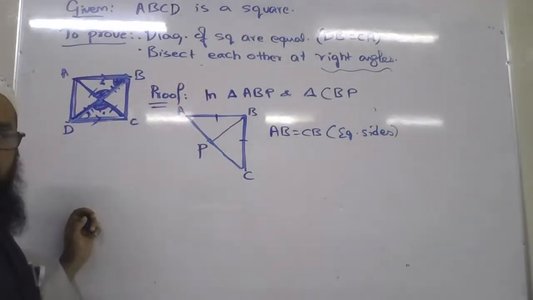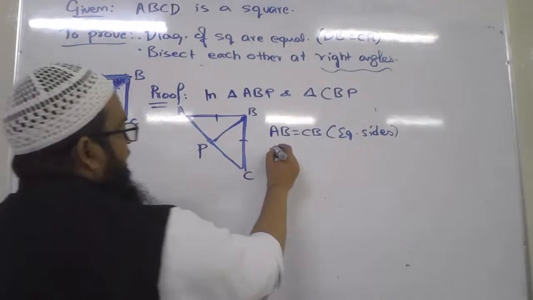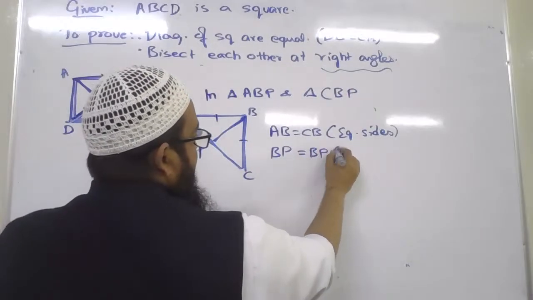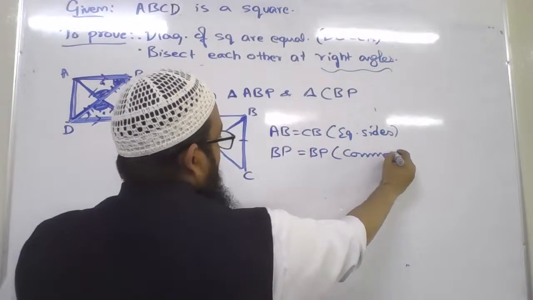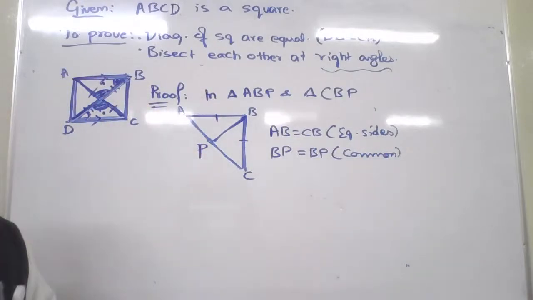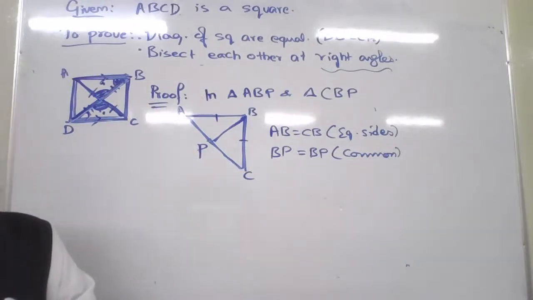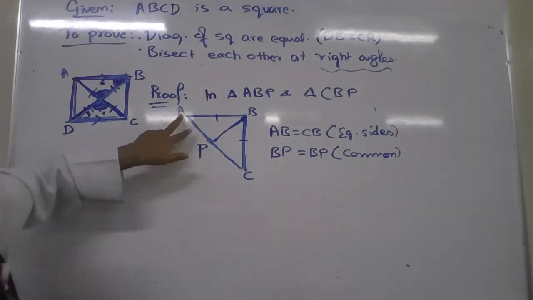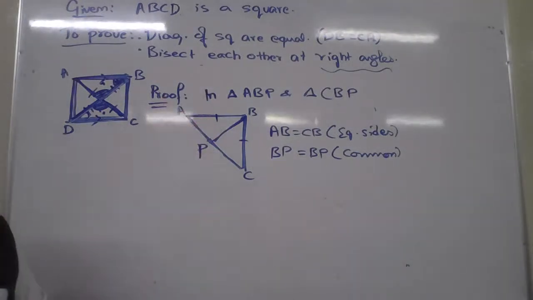Next, BP is equal to BP. What is the reason? Common. What is the equal side? AP is equal to CP. Just now we have proved, right?